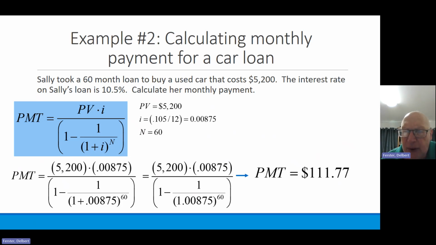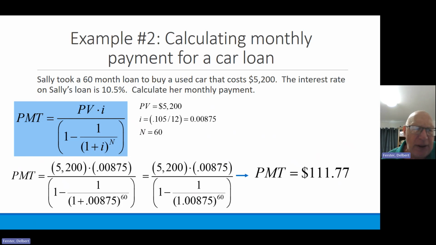Previously, we calculated how much interest it cost her in that span. But for right now, what we're focused on is with this information, can we calculate the amount of the monthly payment? And we were able to do so successfully, $111.77. Excel's going to make that magic happen for us.